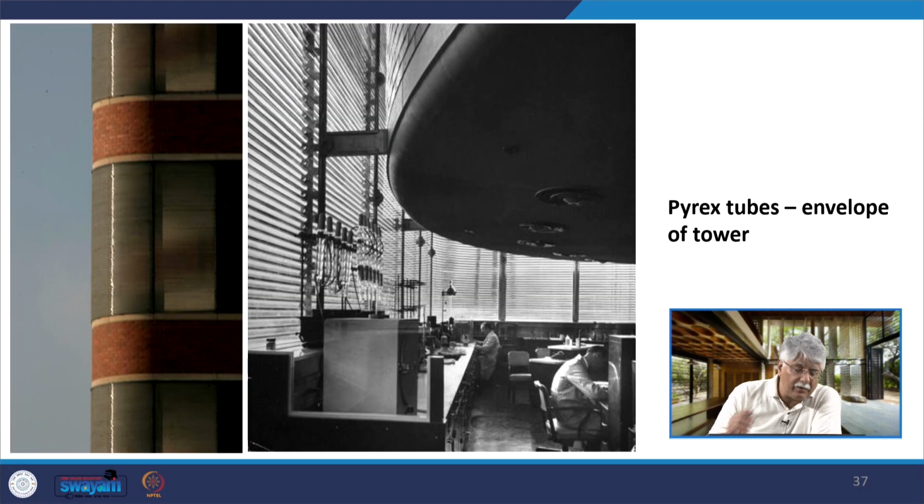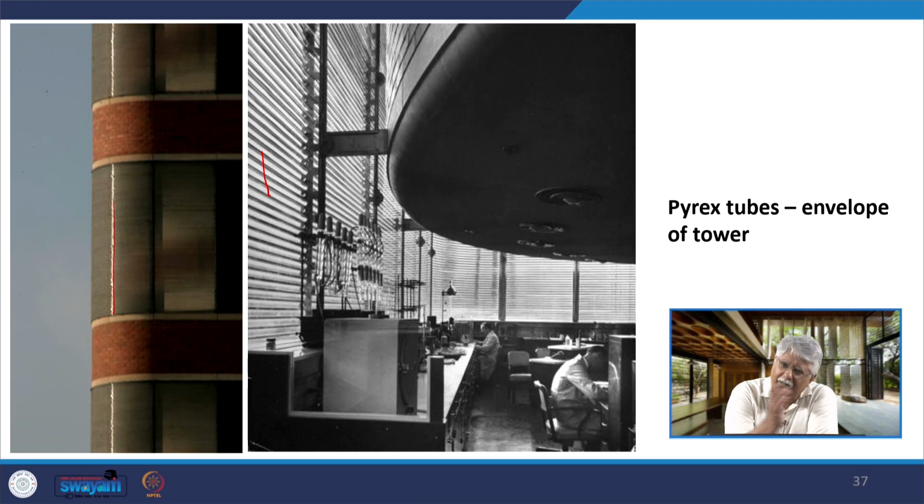Now here what they did was, this company was manufacturing Pyrex tubes, and Wright used those Pyrex tubes in this building. As you see here, these Pyrex tubes are wrapping the building, and because the floors are cantilevered from the central trunk, there is no column as an outer support on any side.